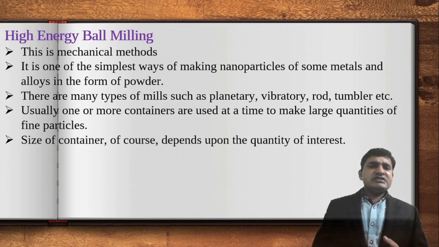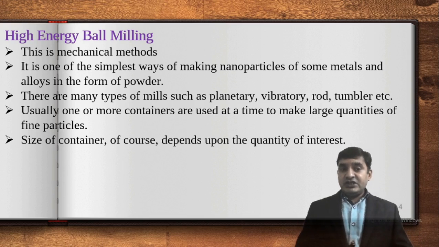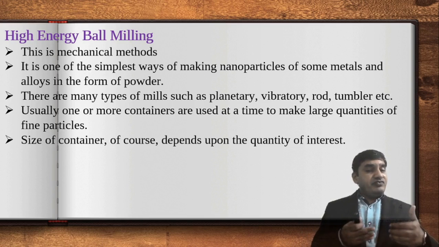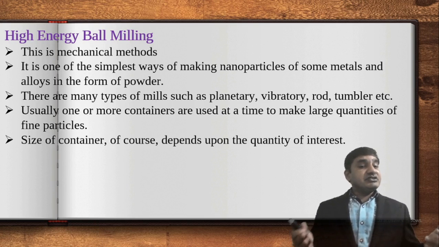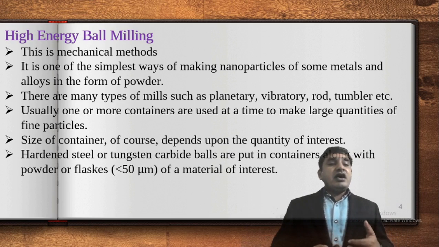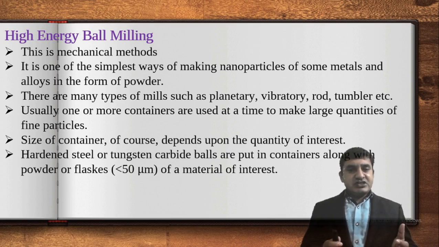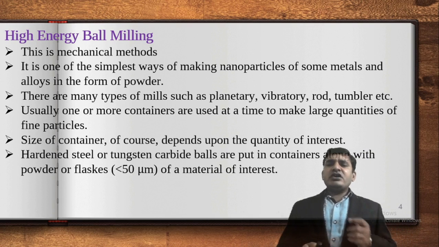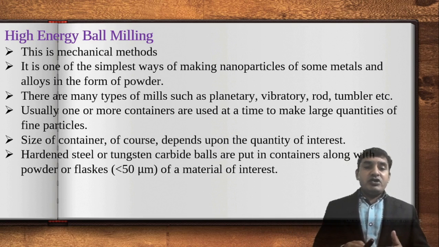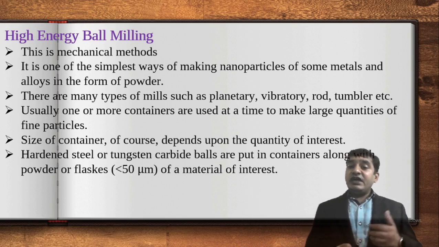The size of the container of course depends on the quantity of interest. When we have to synthesize a large quantity of material, then the size of the container is big. Then hardened steel or tungsten carbide balls are put in a container along with the powder or flakes of the material of interest.